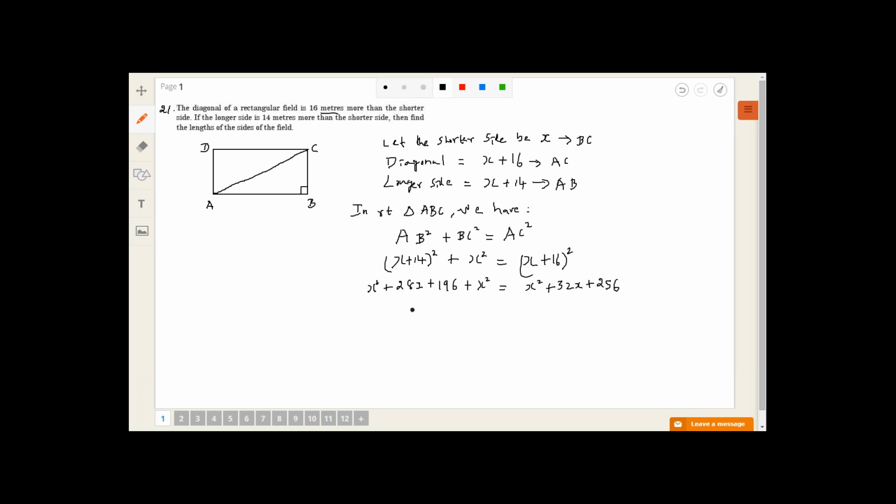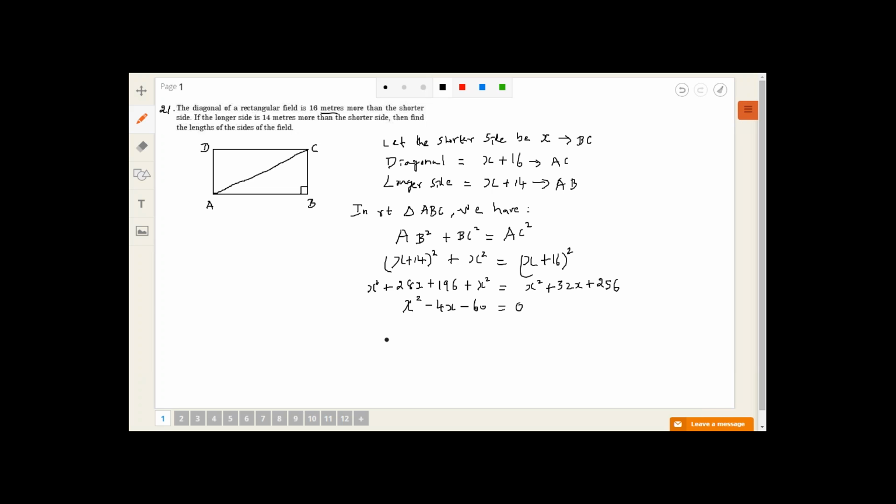So now rearranging the equation, we'll get X square minus 4X minus 60 is equal to 0.